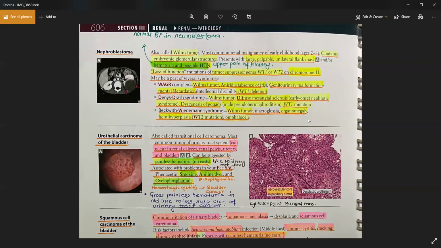For that, you must remember organomegaly, omphalocele. If you look back into the GI section, we have discussed in the embryology part about this omphalocele and gastroschisis. Remember? Yes. And the cause of this omphalocele, I told you that one of the causes is the Wilms tumor, also the Beckwith-Wiedemann syndrome. And the other causes, anyone remember? Lateral fold closure defects, of course.